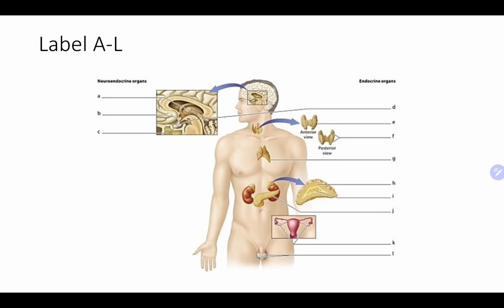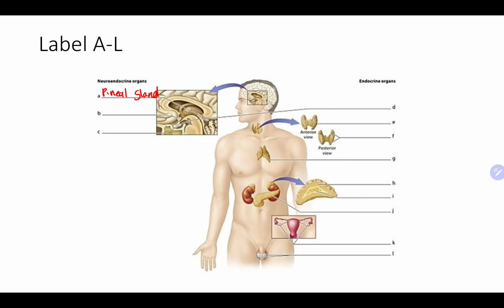When we see something like this, we want to remember certain places. Sometimes the images can be a little confusing. However, when we look at A, that's going to be part of the epithalamus. It's actually going to be the pineal gland.